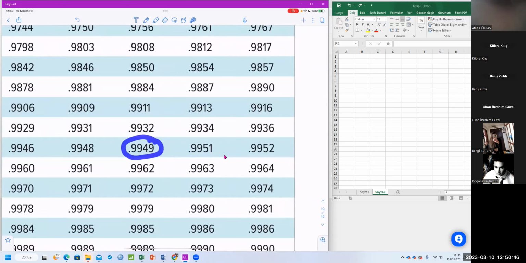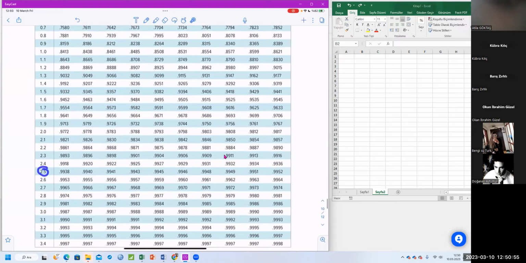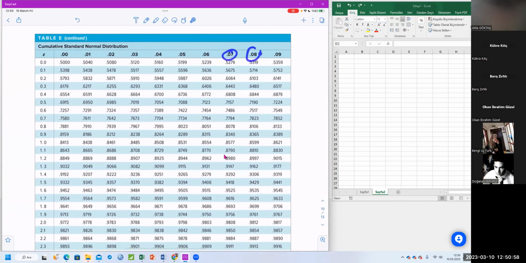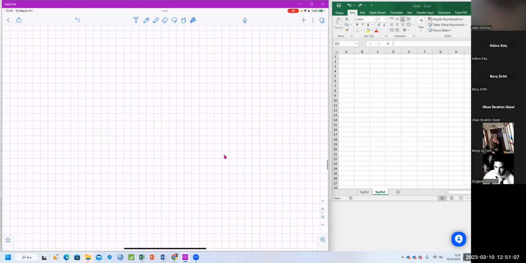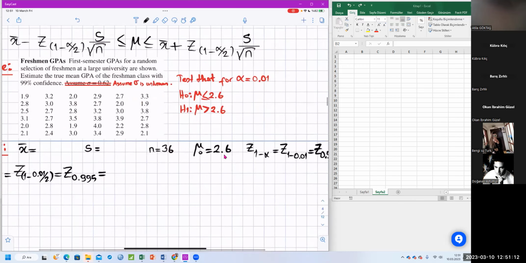It's between 0.9949 and 0.9951. So it's 2.57 and 2.58. It's in the center of those two values. So I can easily write this down, the critical value is between 2.57 and 2.58. The middle of those two values, and the result is 2.575.